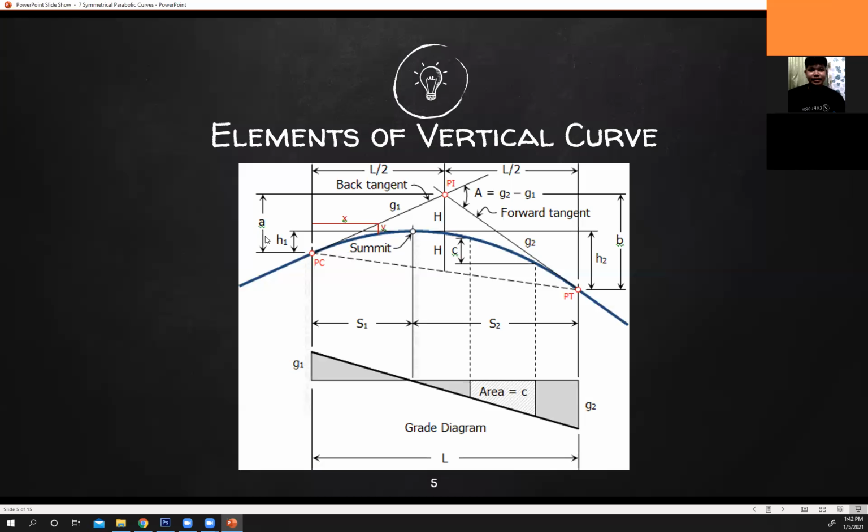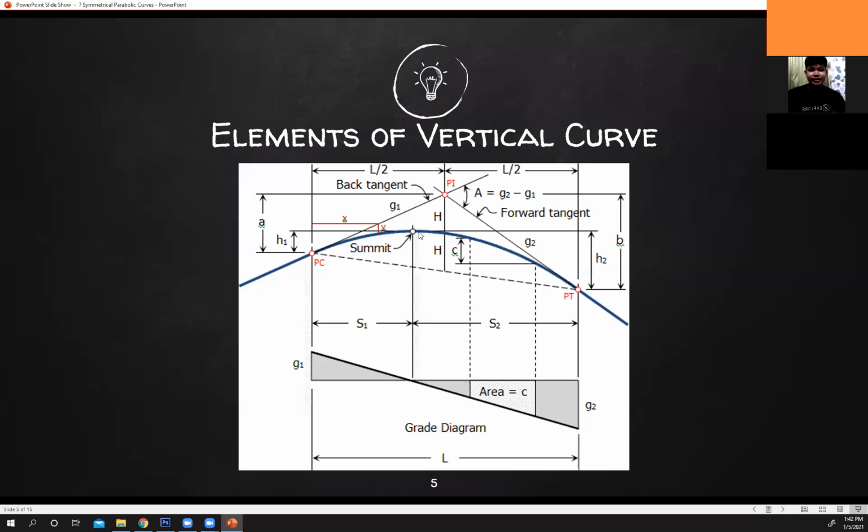Next, your A and B. A is the vertical distance from PC to PI. And then B is the vertical distance from PT to PI. Next, H1 and H2. H1 is the vertical distance from PC to summit or sag. H2 is the vertical distance from PT to summit or sag.